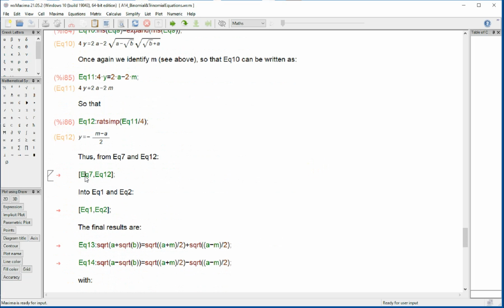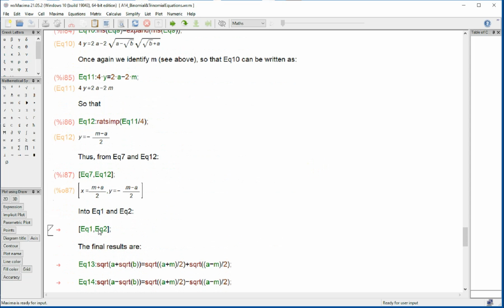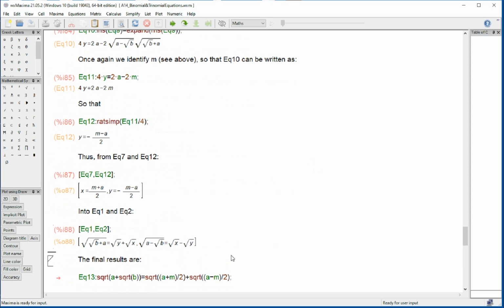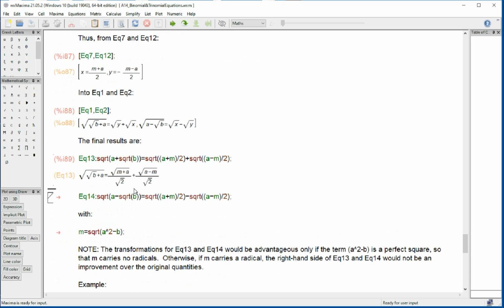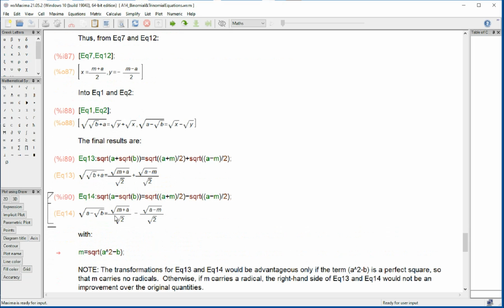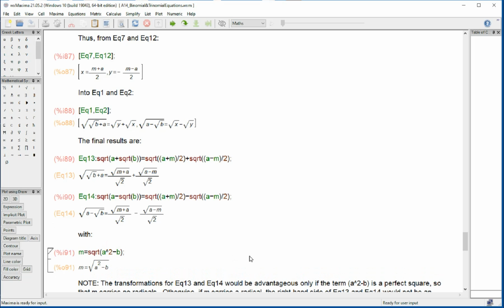And we get those results. And remember that we were trying to find the expression of these terms as the square root of y plus x. And so if I go for the positive values, I find that this is going to be equal to the square root of m plus a over 2 plus the square root of a minus m over 2, whereas if it's a negative, it's going to be the square root of m plus a over 2 minus the square root of a minus m over 2, with m, remember, being the square root of a squared minus b.